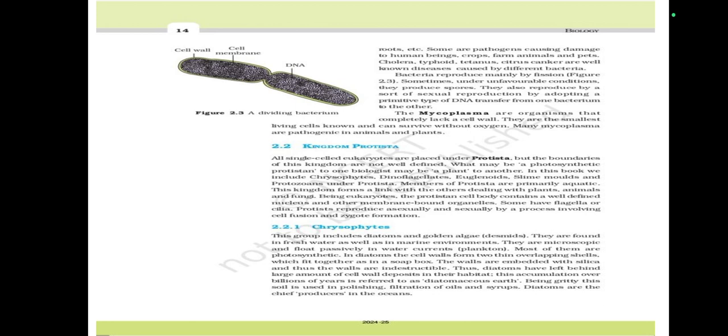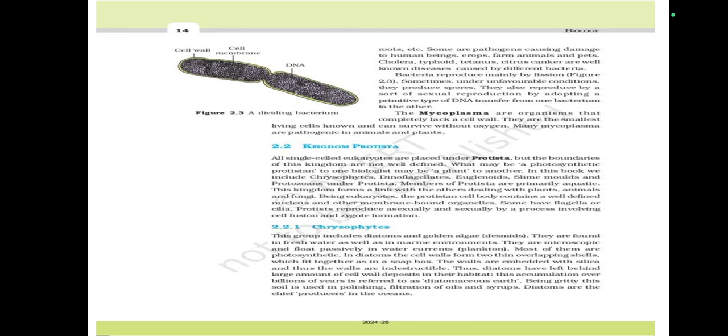Most of them are photosynthetic. In diatoms, the cell walls form two thin overlapping shells which fit together as in a soap box. The walls are embedded with silica, and thus the walls are indestructible.